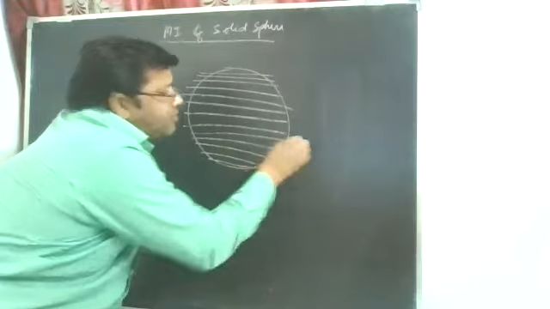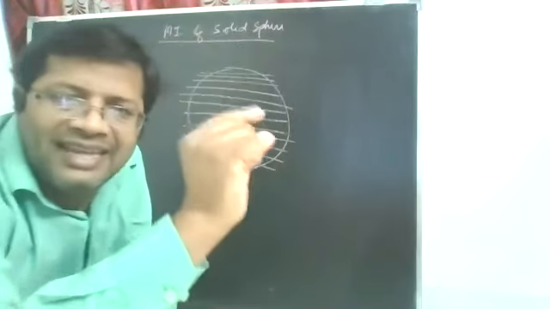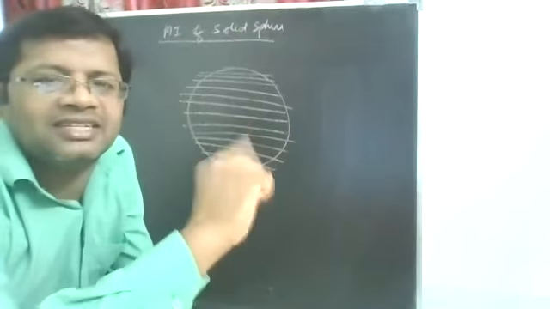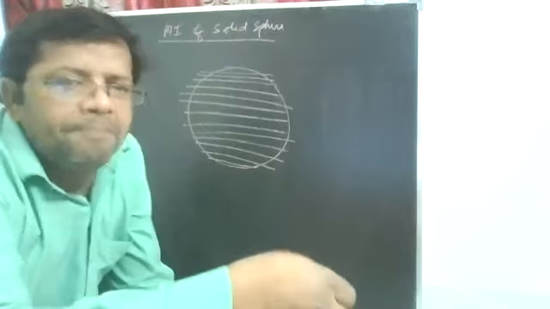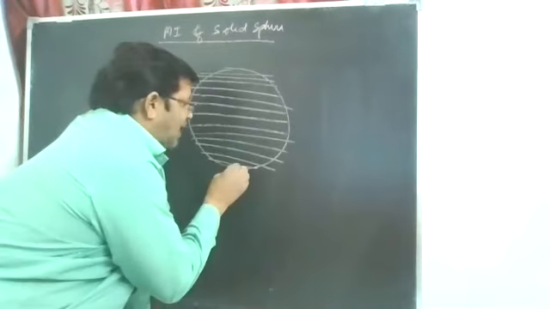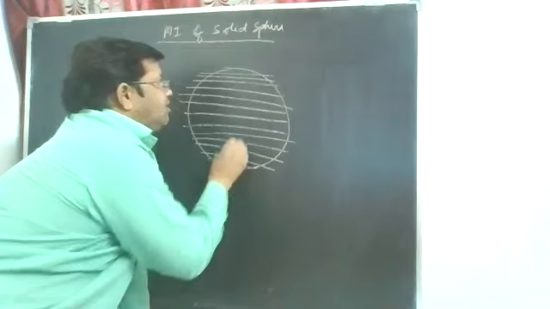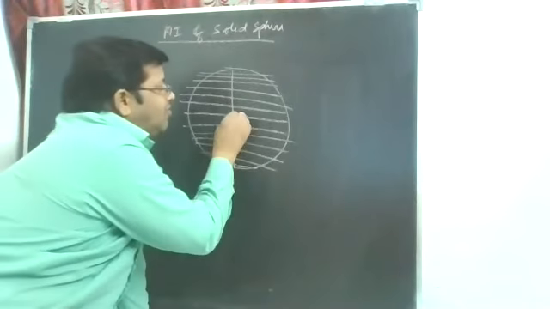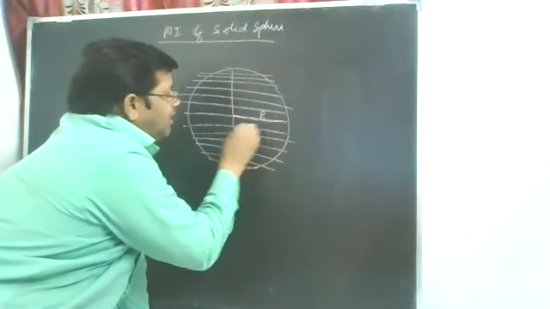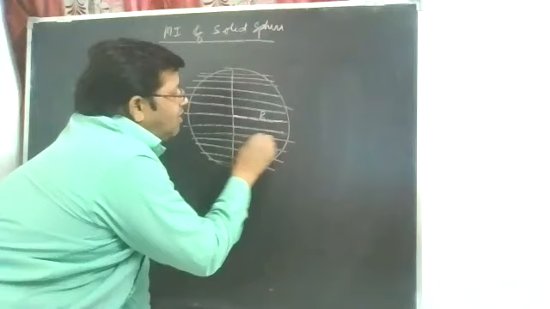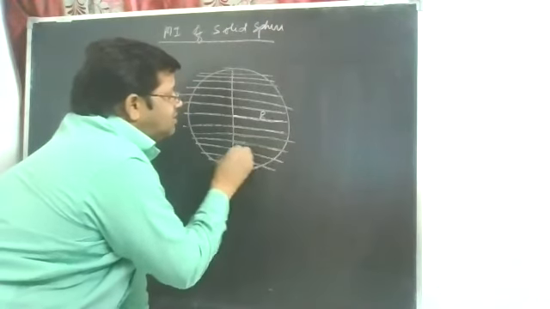What is the shape of the chips? Disc, circular disc. The disc which lies here, its radius will be 0. Now see here, the radius goes on increasing. It will be r here, then less than r, decreasing, again less.